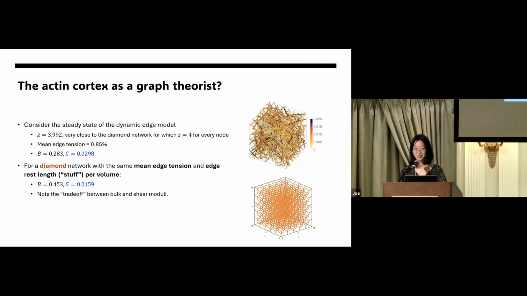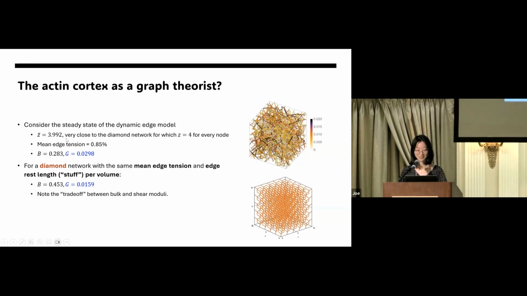Yeah. So next, because we are mathematicians, we want to study how the actin cortex behaves as a graph theorist. So that is very interesting. To do that, we want to compare our actin cortex model with a hypothetical model that has a similar number of nodes and similar coordination number. So we compare the diamond network with our actin model.